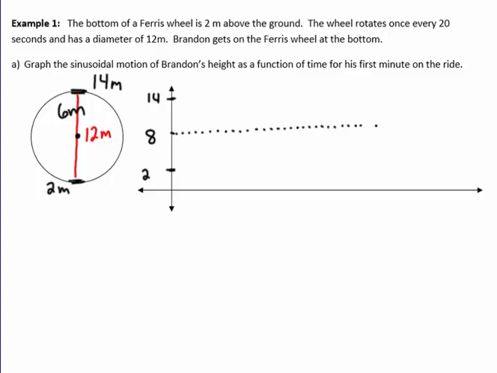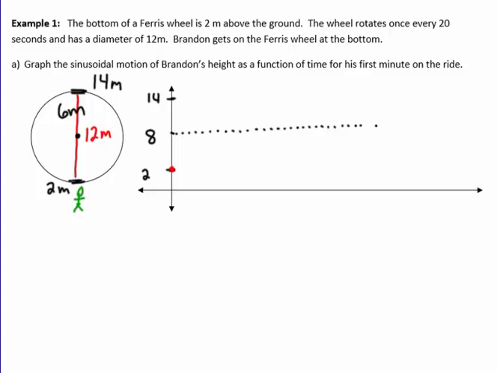Now let's think of the motion of this Ferris wheel. Brandon gets on the Ferris wheel down at the bottom. Now he'll be back at the bottom 20 seconds later. So he starts down at the bottom, and 20 seconds later he'll be back at the bottom.